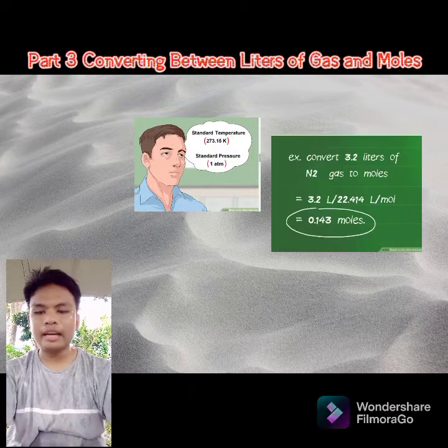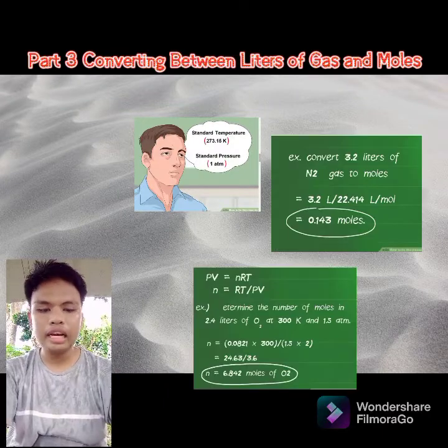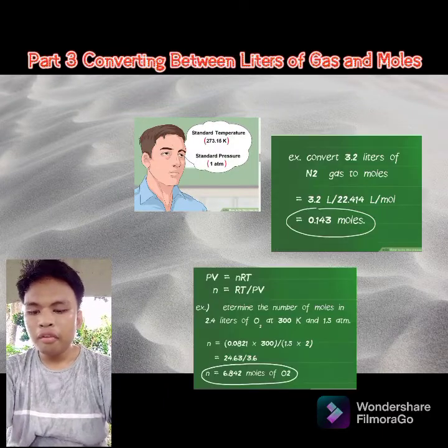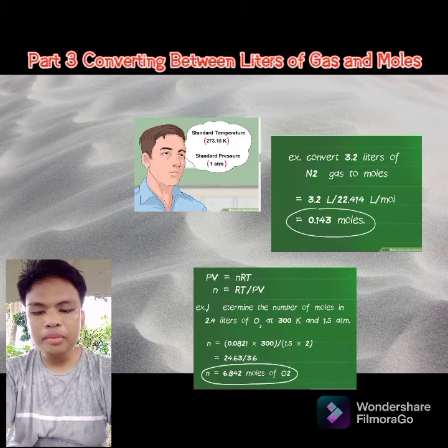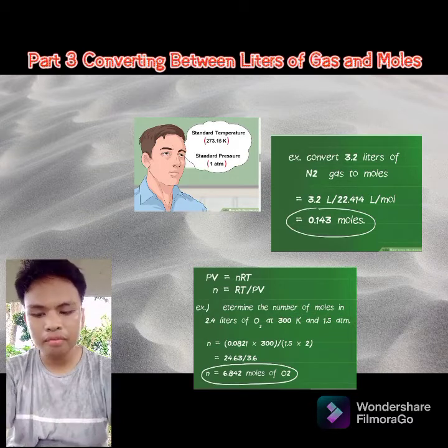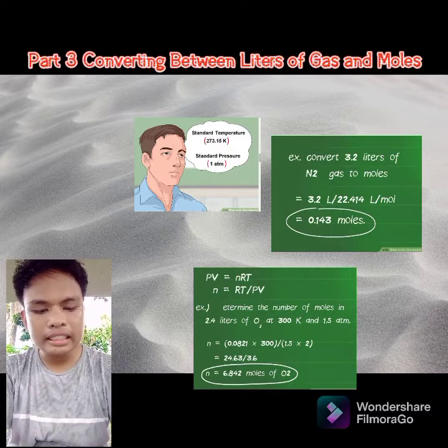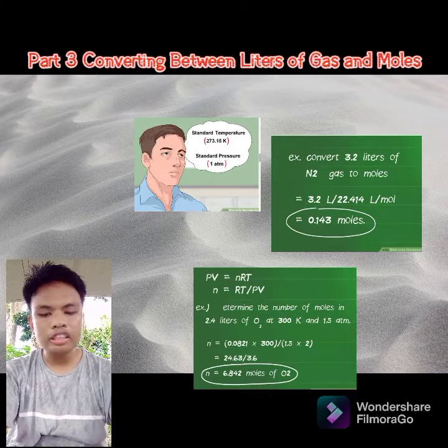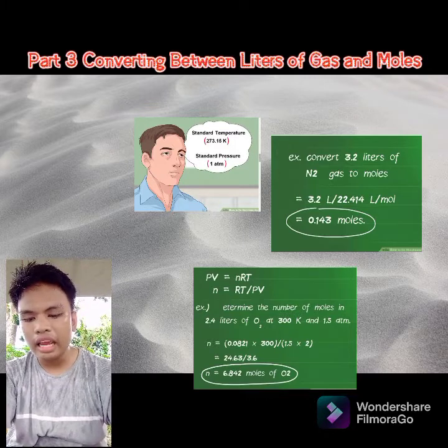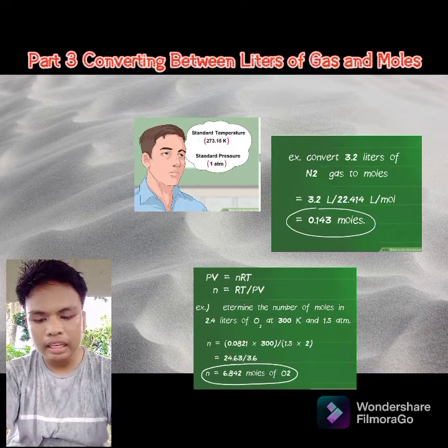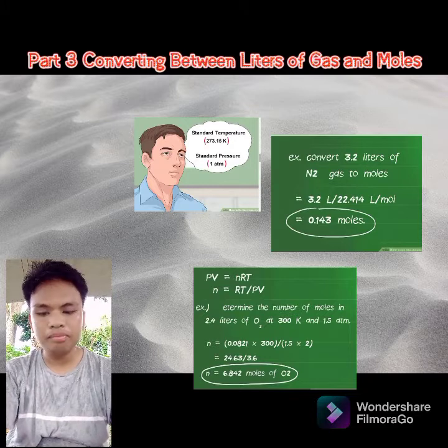Third part of our topic, converting between liters of gas and moles. For the first step, determine if the reaction is happening at standard temperature and pressure. Generally, in a reaction, we'll say that it is given at 1 atm and 273 K, or we'll simply say STP.